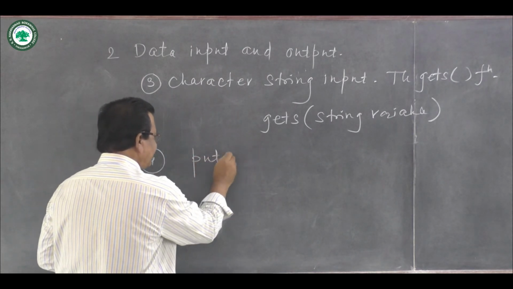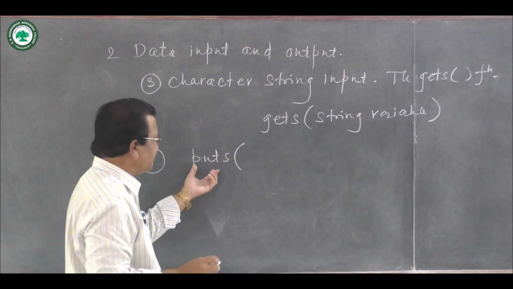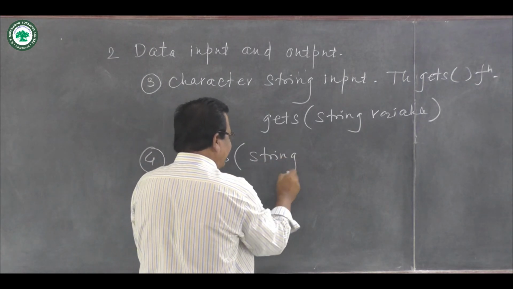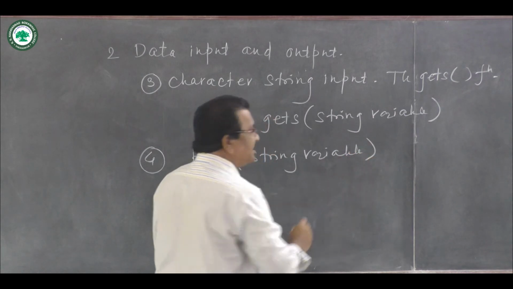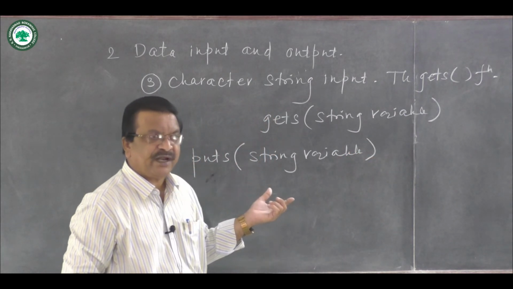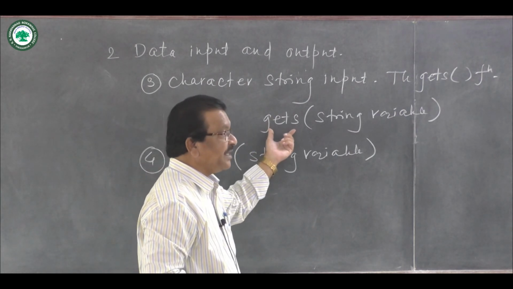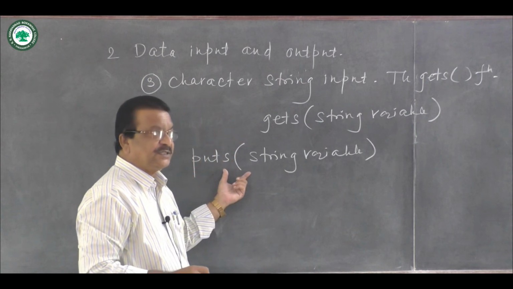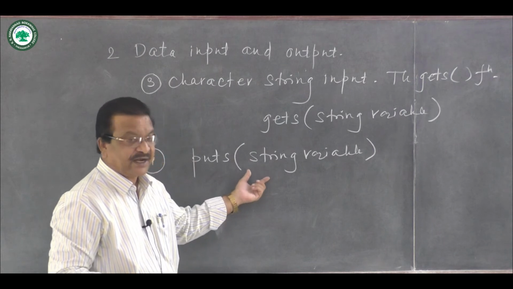The general form of how this function is used is again puts with a string variable, and the string variable is the name of a character array. gets will enter a string of data, and puts will output or display a string of characters.